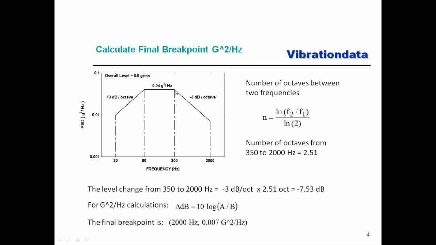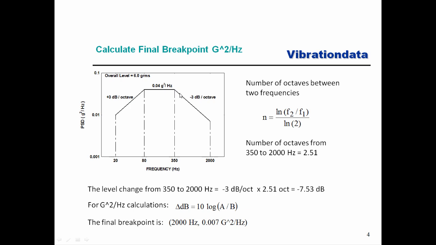So we have a minus 3 dB per octave slope there. So the level change from 350 to 2000 Hertz is equal to minus 3 dB per octave times 2.51 octaves, and that is equal to minus 7.53 dB. So we have a starting coordinate in terms of frequency and level.